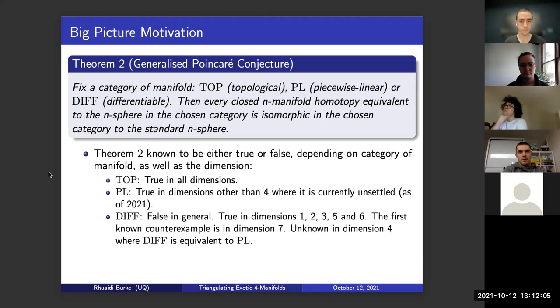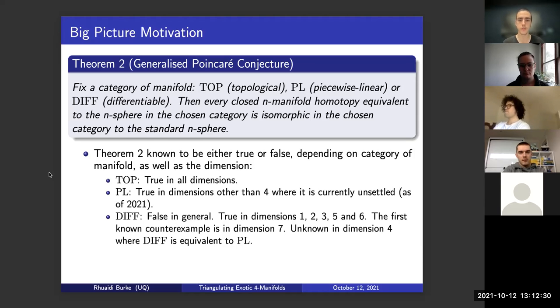If we work with topological manifolds, this is known to be true in all dimensions. For piecewise linear manifolds, it's true in dimensions other than 4, where it's currently an open problem. In the smooth setting, it's false in general, though true in most low dimensions. The first known counterexample is in dimension 7 with Milnor's exotic spheres.